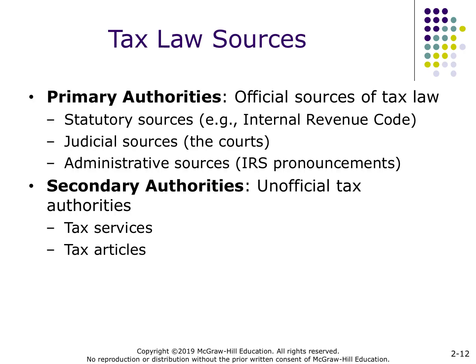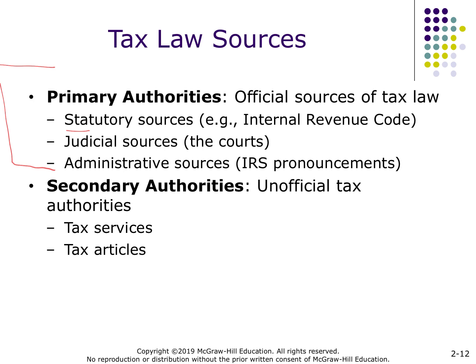All right, where do our tax laws come from? Well, the laws themselves come from primary authorities, and there are three general sources of tax law. Statutory sources, okay? Statutory means of the law. So the Internal Revenue Code, which is written by Congress, is a statutory source.